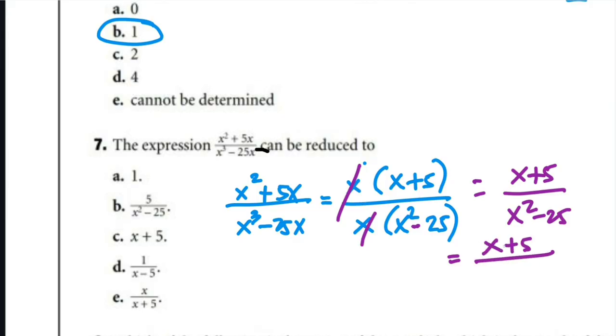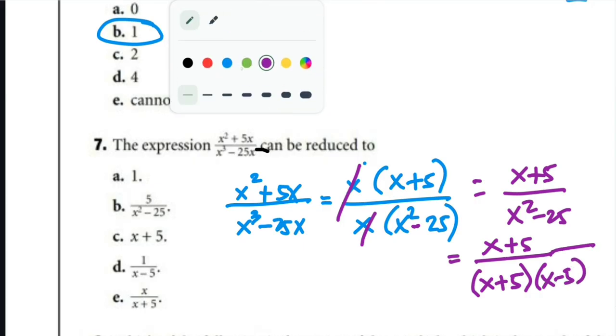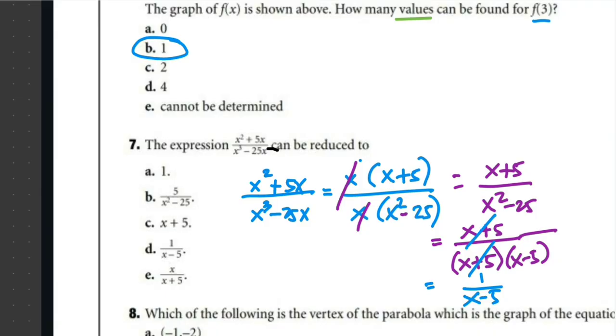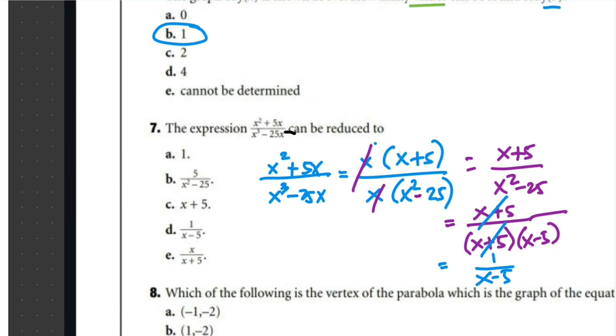The x squared minus 25 can be factored as x plus 5, x minus 5. Then x plus 5 here cancels out, so we're left with 1 over x minus 5. Do we have that in the choices? It's letter D.